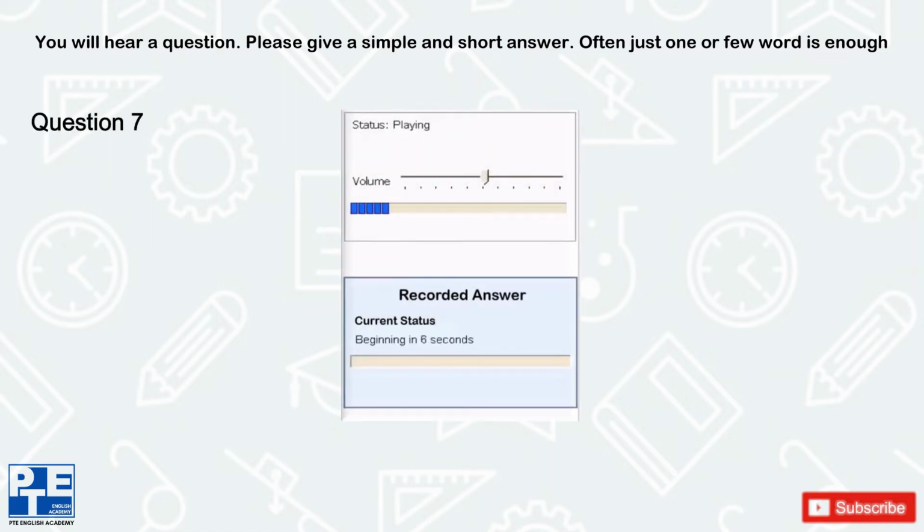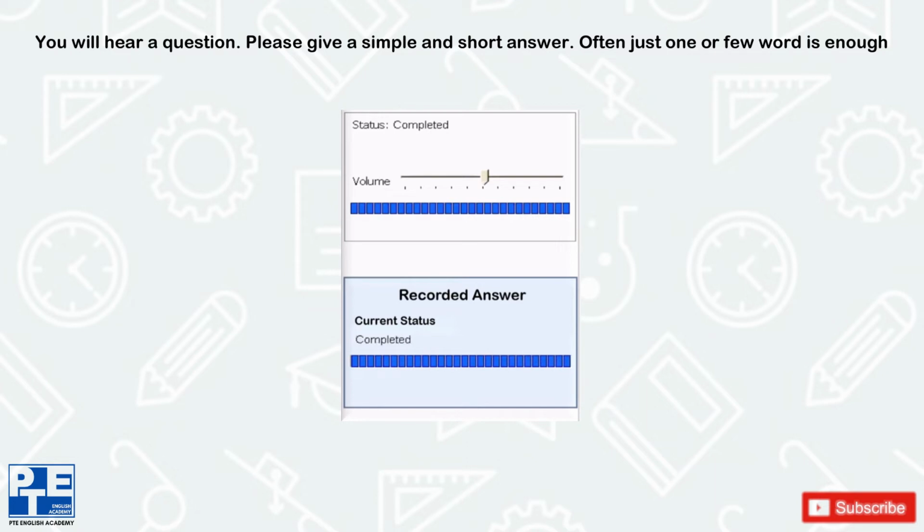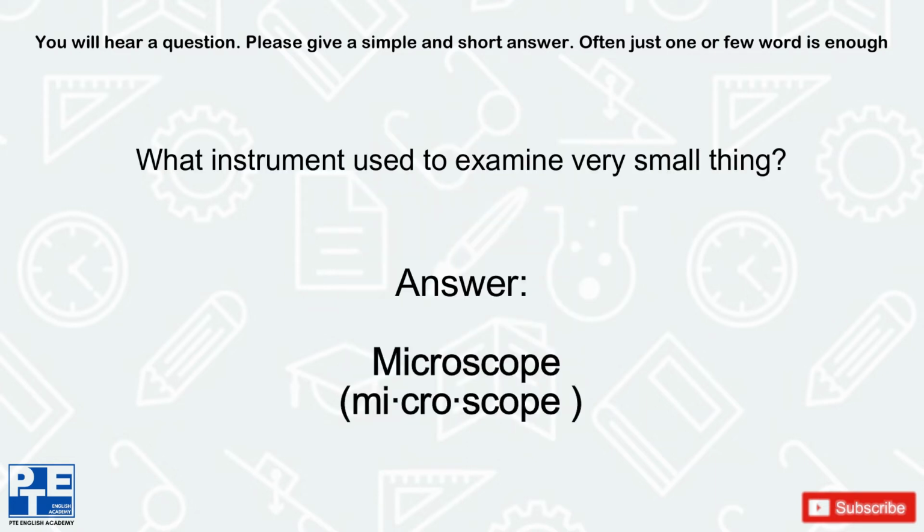What instrument used to examine very small thing? Answer: microscope.